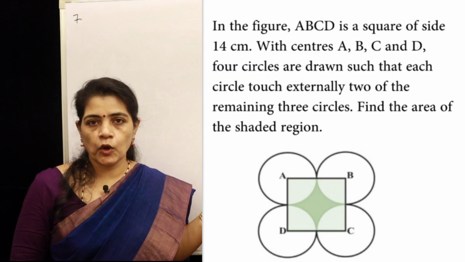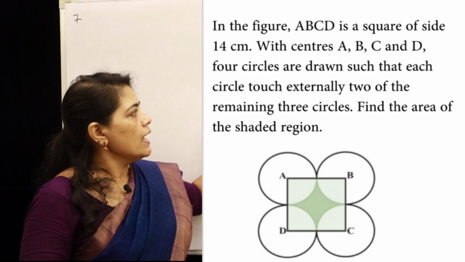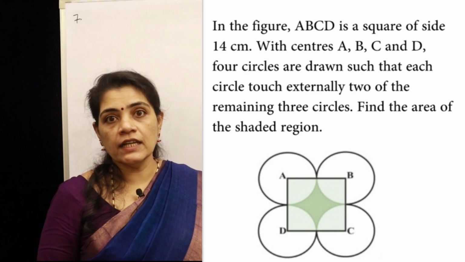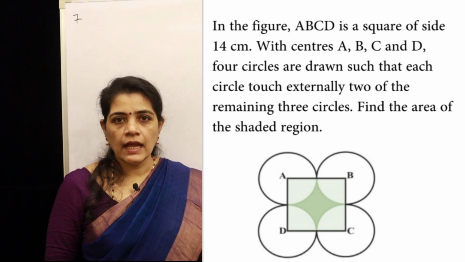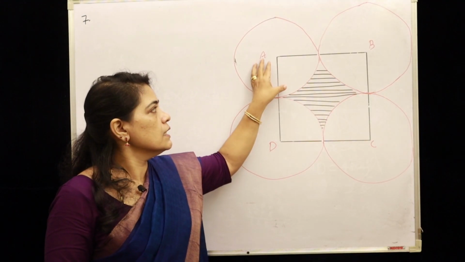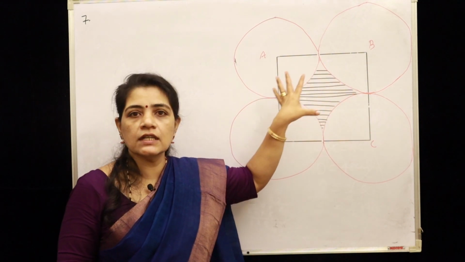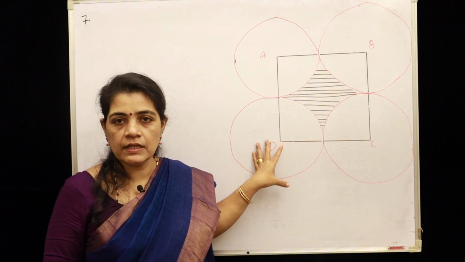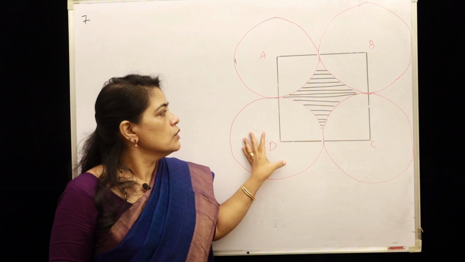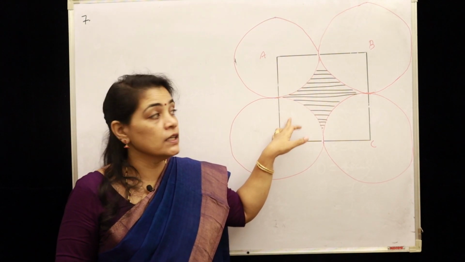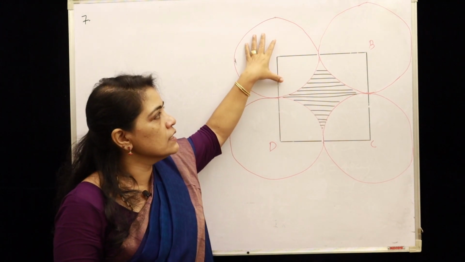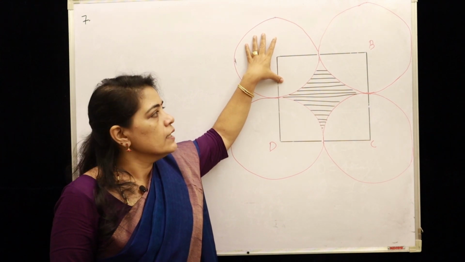Now this is the 7th problem. Here we are given a square ABCD with a side equal to 14 centimeter. At each vertex of the square there is a circle, that means you can see 4 circles in the figure, in such a way that each circle touches 2 circles of the remaining 3 circles externally.